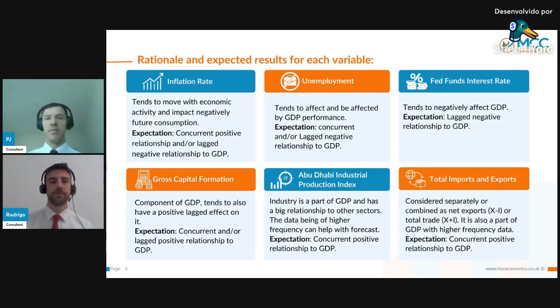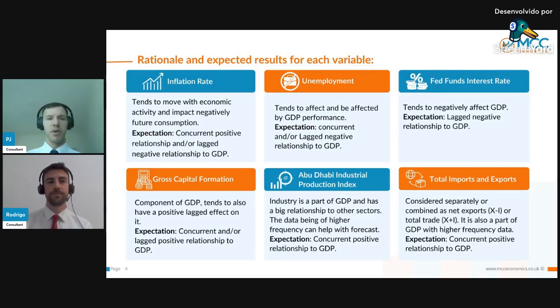But I'll tell you why. Because we're talking about the UAE, and from the inflation standpoint, there was potentially a positive or negative, and I thought that those two could just offset each other, and then the results wouldn't be as strong. So I wasn't sure where inflation would actually land for us.